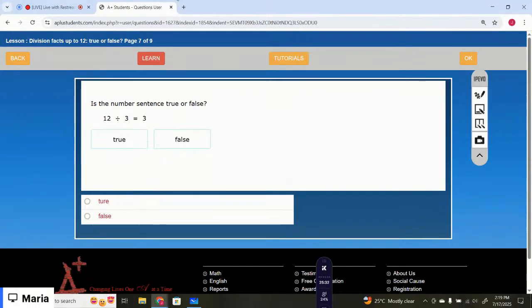Is the number sentence true or false? 12 divided by 3 equals 3. So which is the correct option?